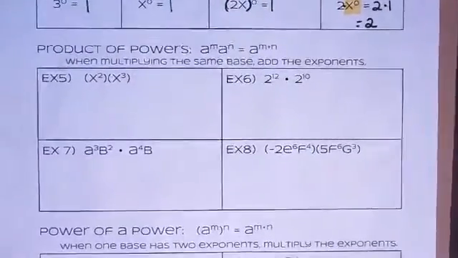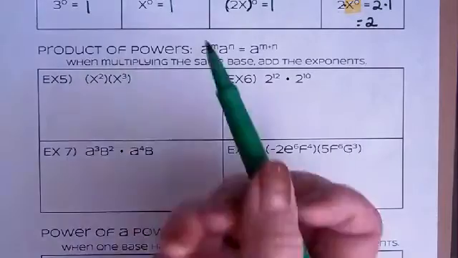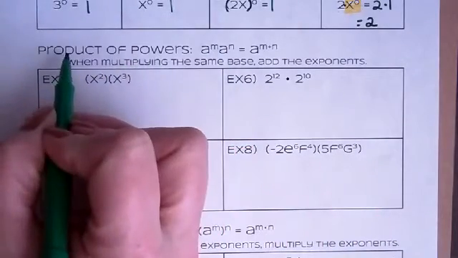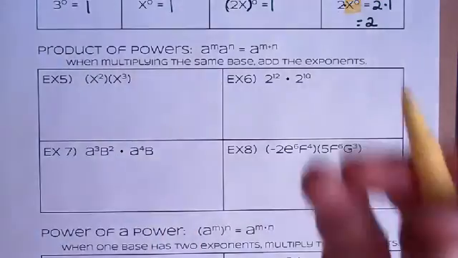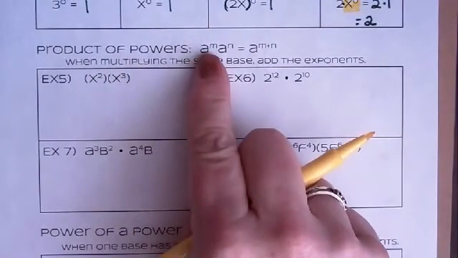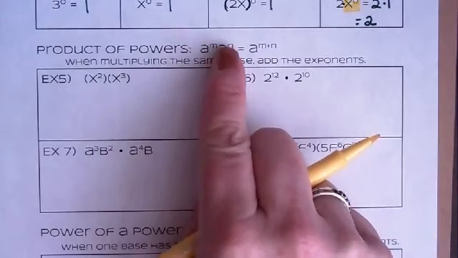Now, our second law of exponents is called product of powers. Now we know the word product means to multiply. What do I know is right here? Now I have a to the m, a to the n.